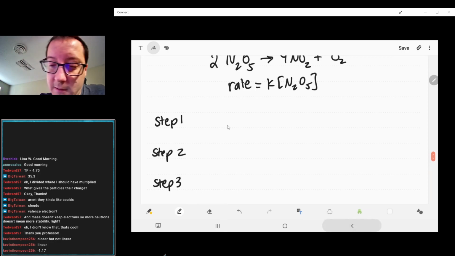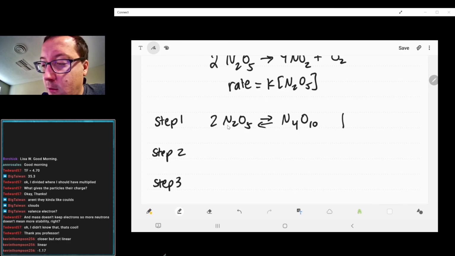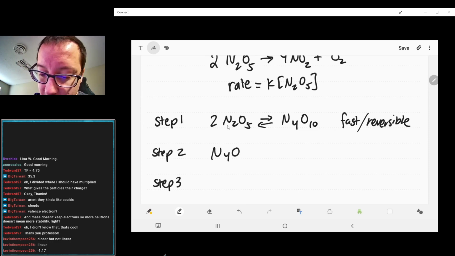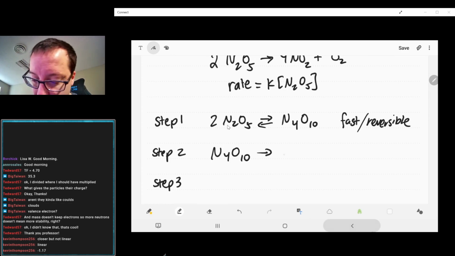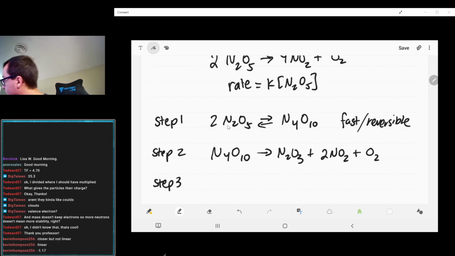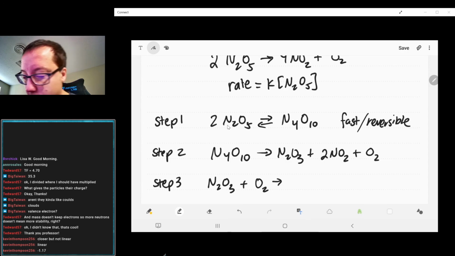First step is where we're suggesting this one is fast and reversible. The second one is, oh gosh, we're breaking this down to N2O3 plus 2 nitrogen dioxide plus an oxygen. And then the last one is N2O3 plus oxygen.